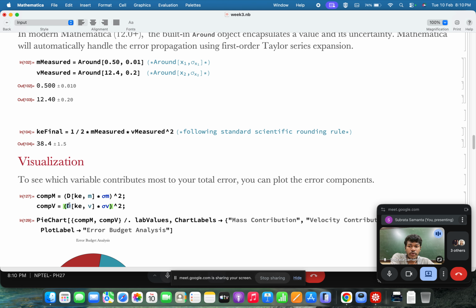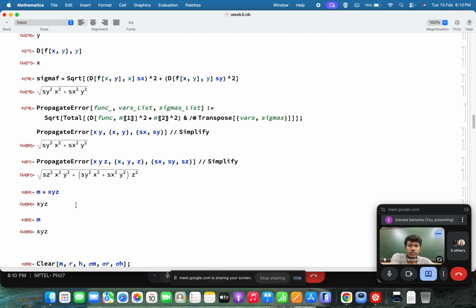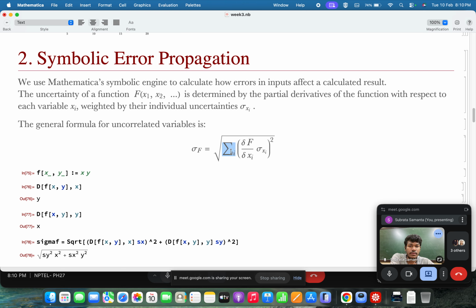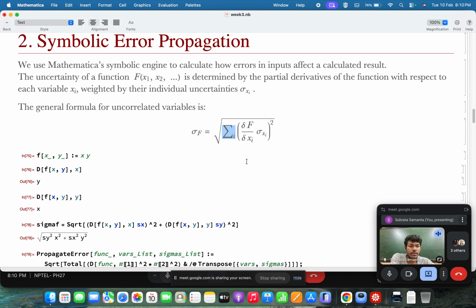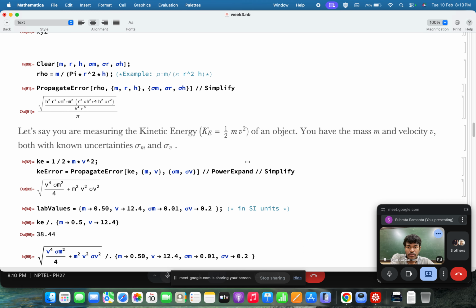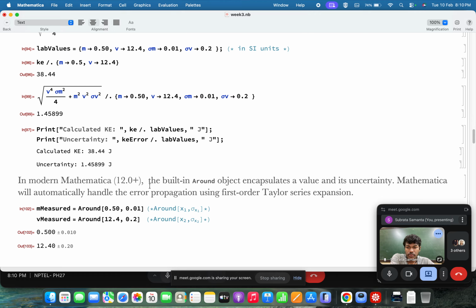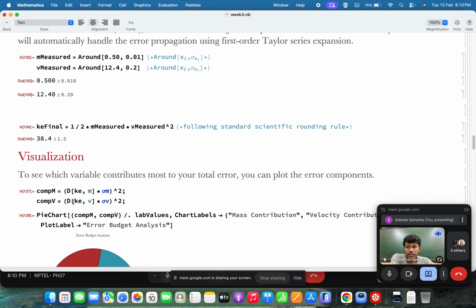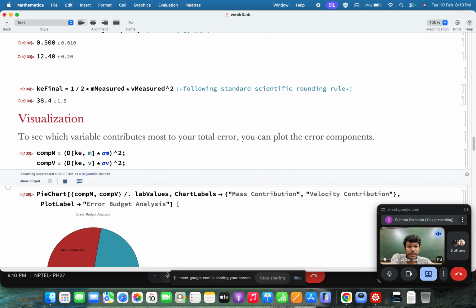And the second component, so is basically sum over i, the derivative with respect to the second variable times sigma. So I calculate the component v as the derivative with respect to the second variable times the sigma of this variable, sigma v, and then squared.